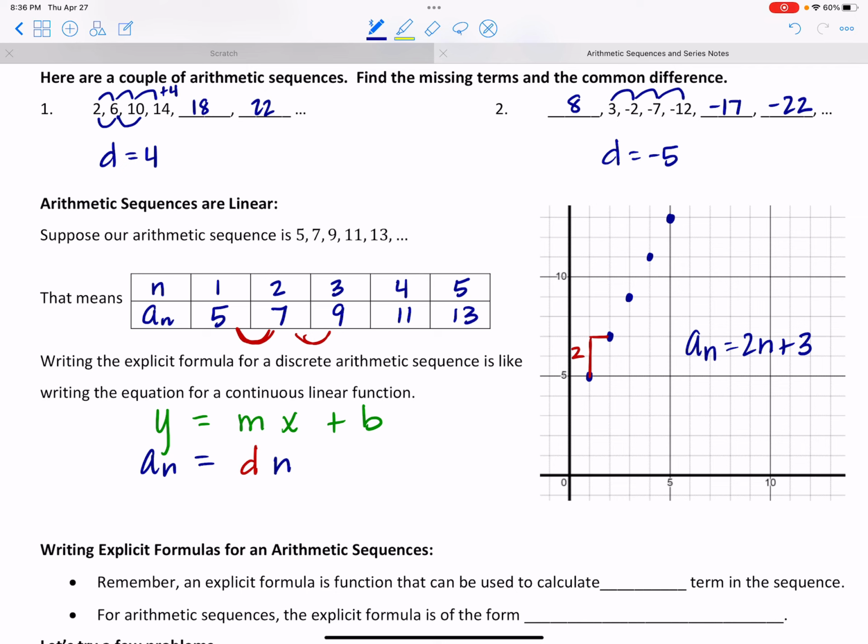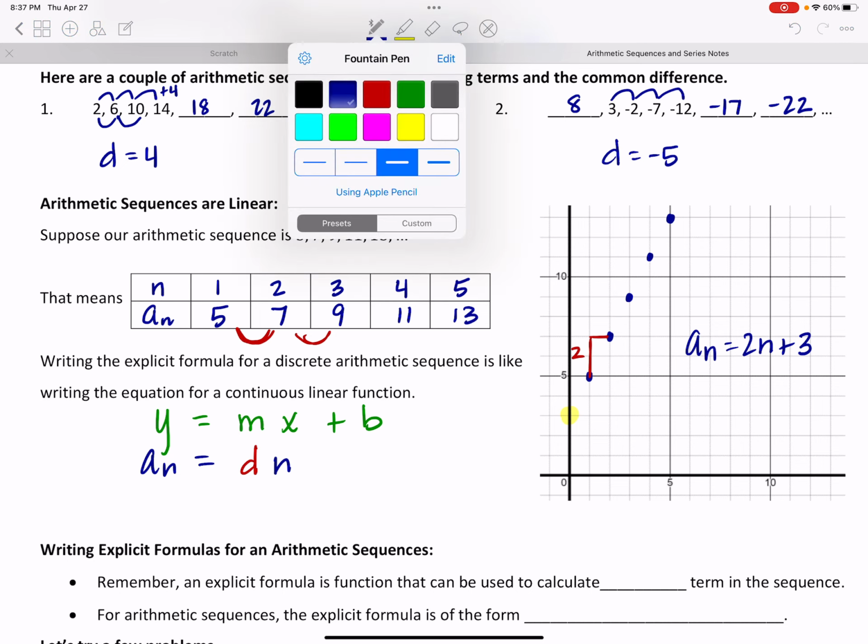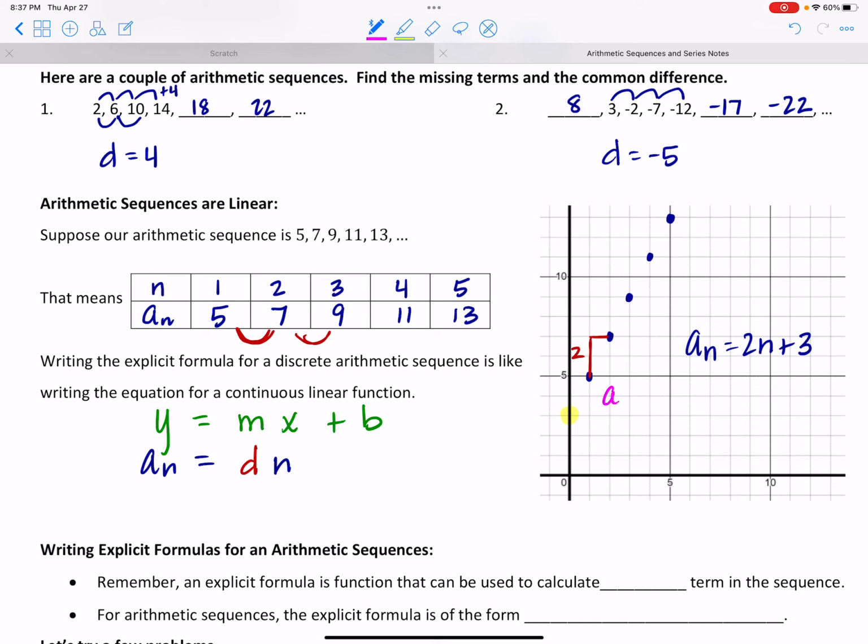Now we can't cross the y-axis, but we can still figure out what that value would be if we were going to cross the y-axis, right? So if I was going to cross at this point here, how do I get it? Well, I take my first term, so a sub 1, which was 5, and I subtract that common difference, and I end up at this value. So if I take a sub 1, which was 5, subtract my common difference of 2, I land at 3.